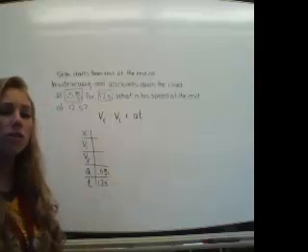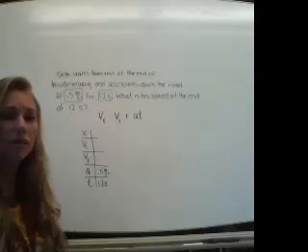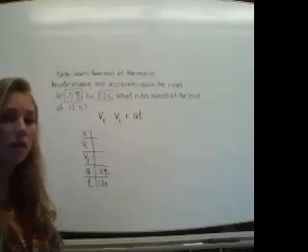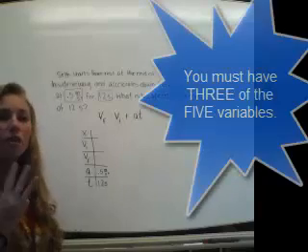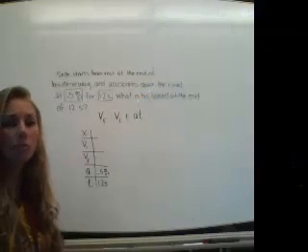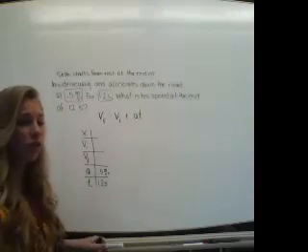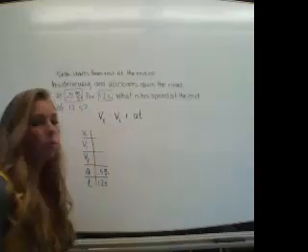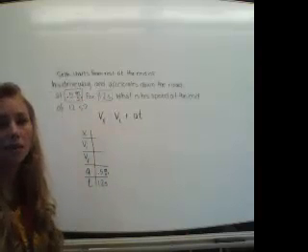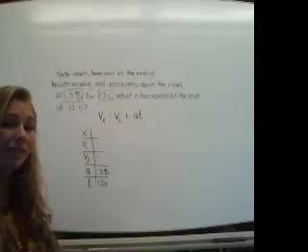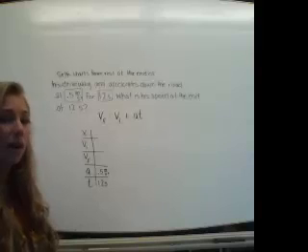Now, in order to solve for any of the equations in the Big Three, including the one on the board, we must have 3 of the 5 variables in our chart. Right now, we only have 2, which means we must be missing something. So what are some hidden givens that are provided in this problem?